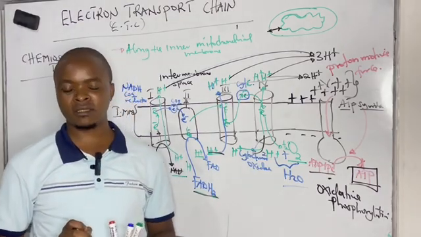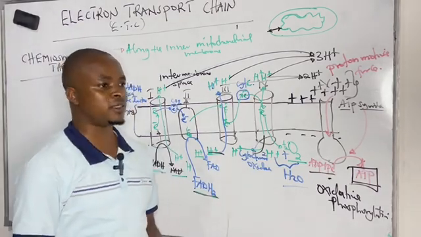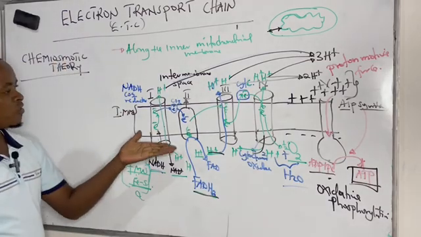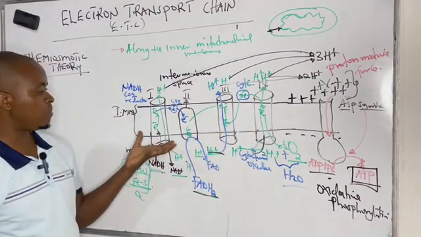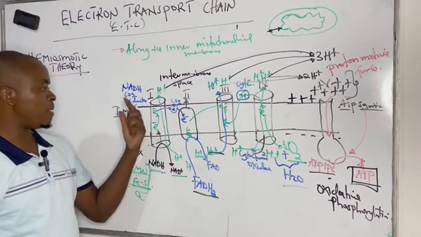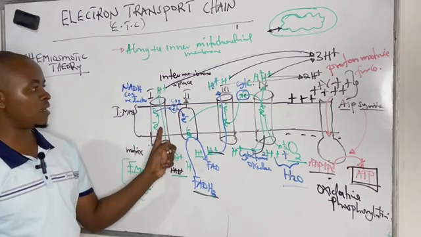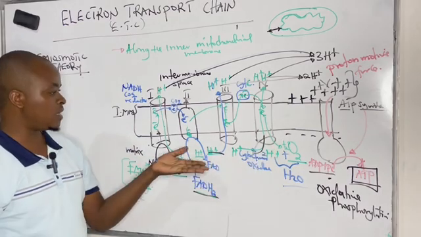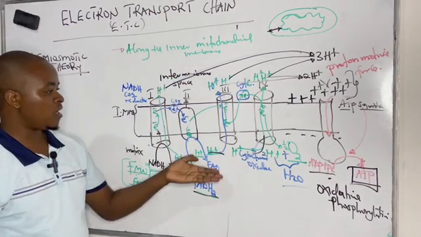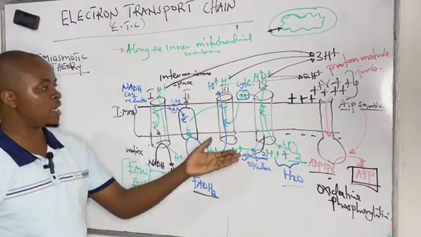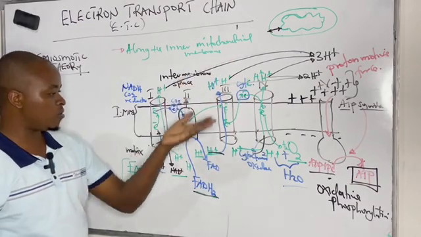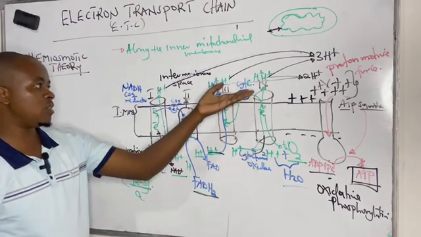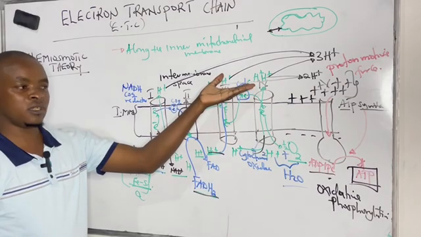And how does it state? Peter Mitchell stated that because the inner mitochondrial membrane is impermeable to protons, and only permeable via complex 1, complex 3, and 4, we see the efflux or outward movement of protons from the mitochondrial matrix into the intermembrane space.